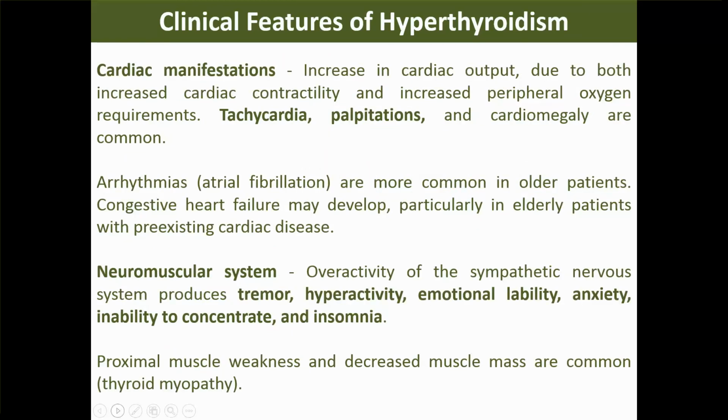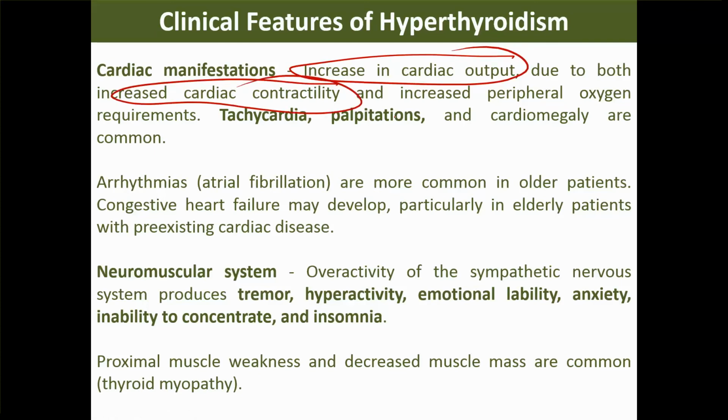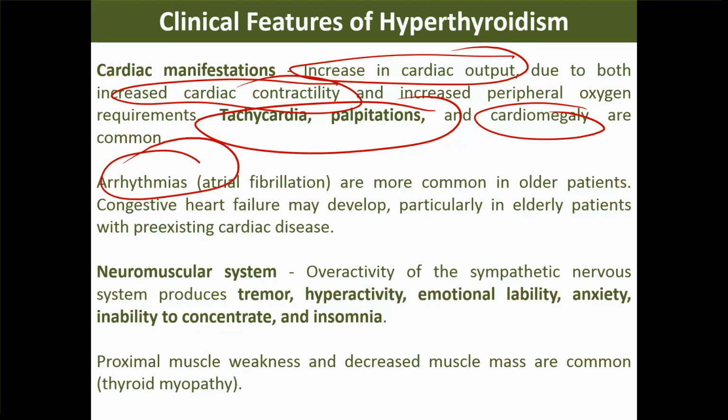So now cardiac manifestation: they increase the cardiac output because they increase the sympathetic activity and they increase the cardiac contractility, and they will end up with tachycardia and palpitation, as well as cardiomegaly. The most important thing is they produce arrhythmias, and it is very dangerous in the old patient.